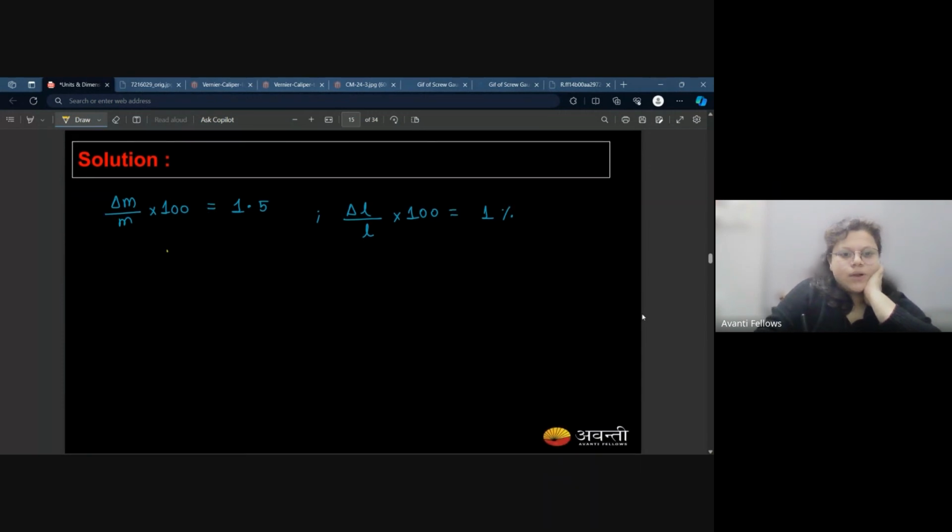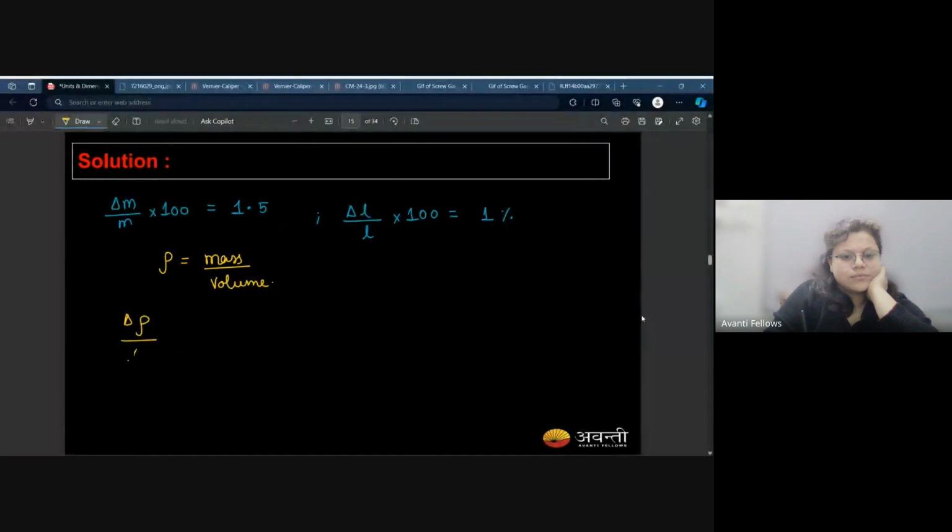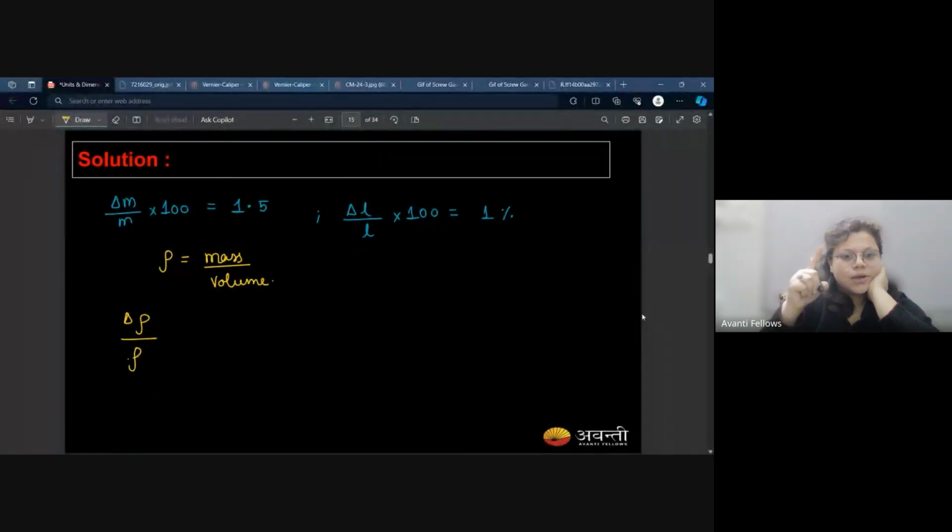Now I need to calculate the density. Density would be mass per unit volume. And if I want to calculate the relative error, I think I should do this. Just pause for a second.